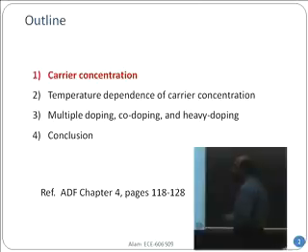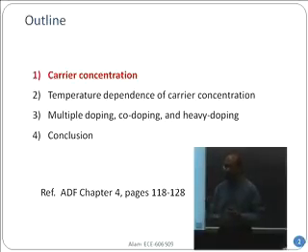We'll talk about carrier concentration, but the point I want to emphasize today is the temperature dependence of carrier concentration, because we'll see that although at room temperature it's very difficult to get carriers into the conduction band and get good conductivity, if you raise the temperature, the electrons will jump from the valence band to the conduction band more easily, right?